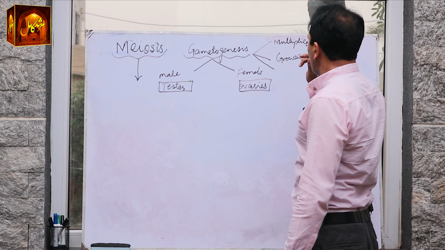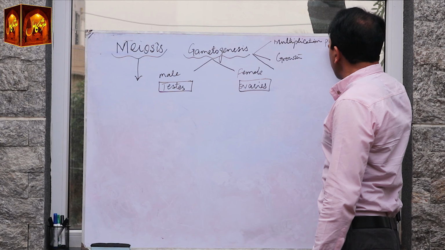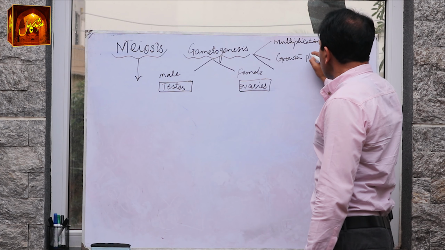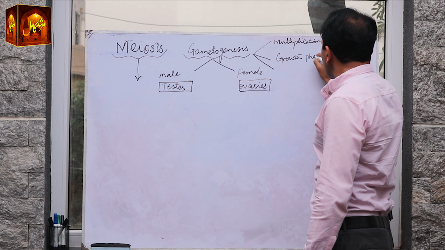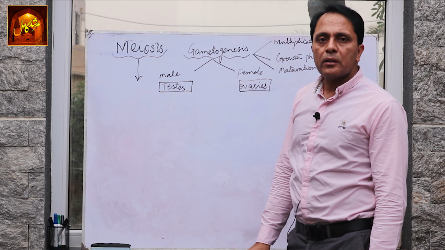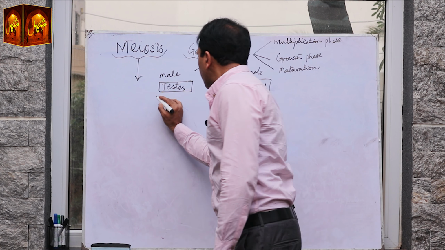First is multiplication phase, second is growth phase, third one is maturation phase. In male, this process is called spermatogenesis.